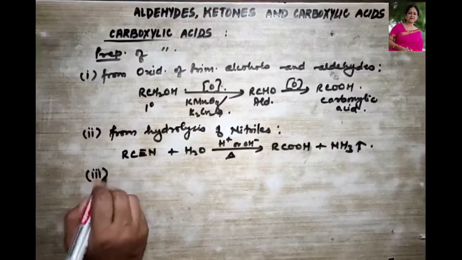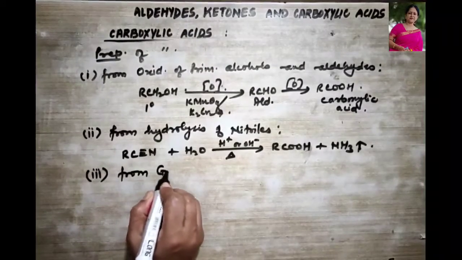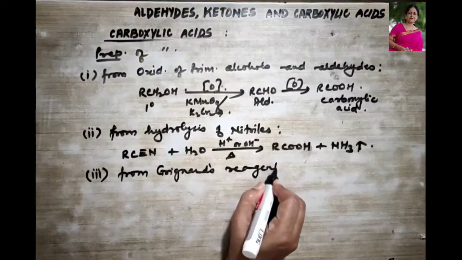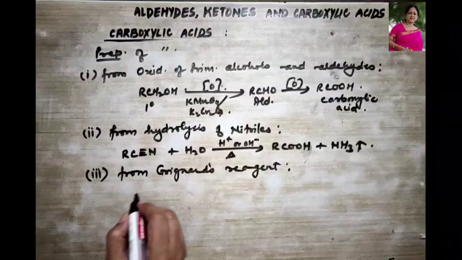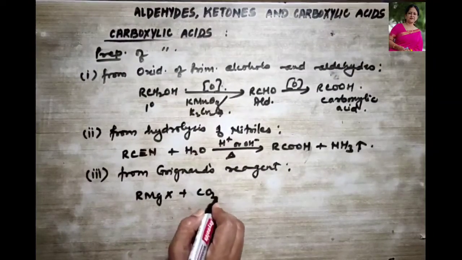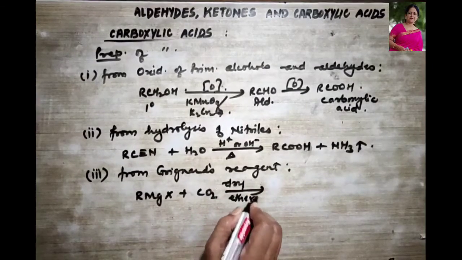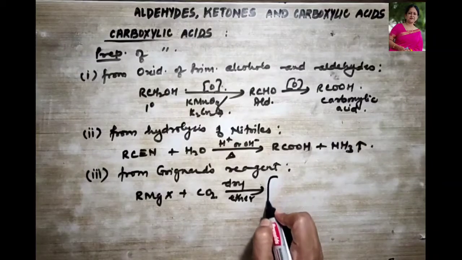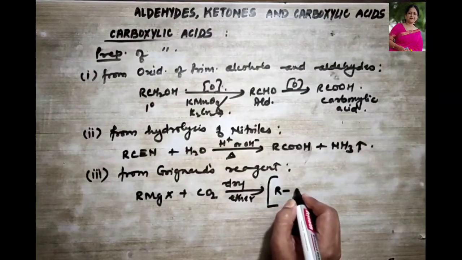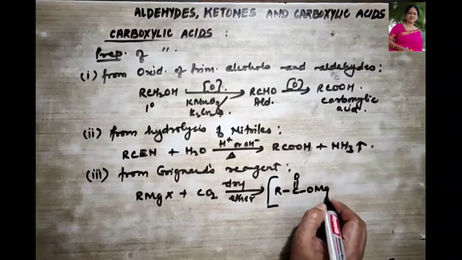Then the third method of preparing carboxylic acids is from Grignard's reagent. Let's take Grignard's reagent, RMgX. When treated with carbon dioxide in the presence of dry ether, it first gives us an addition compound, RC double bond O, OMgX.